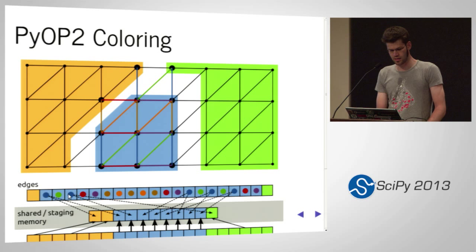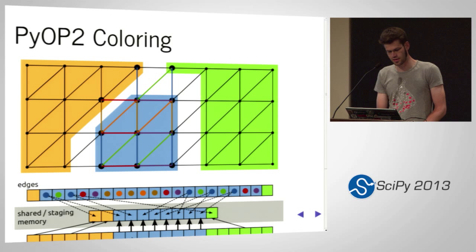So as you can see down here, I've highlighted the blue colored edges, and every edge touches 2 vertices which are staged in shared memory, and no 2 blue edges touch the same node.